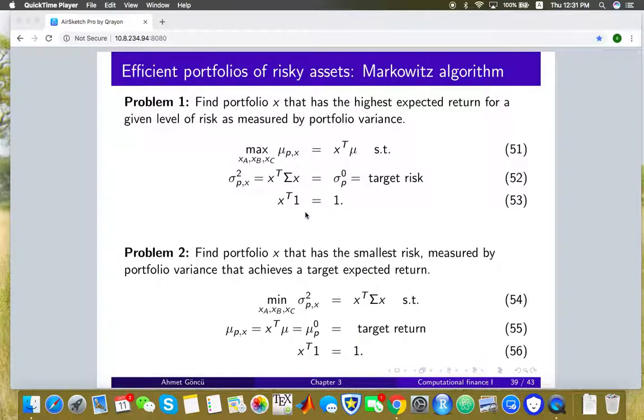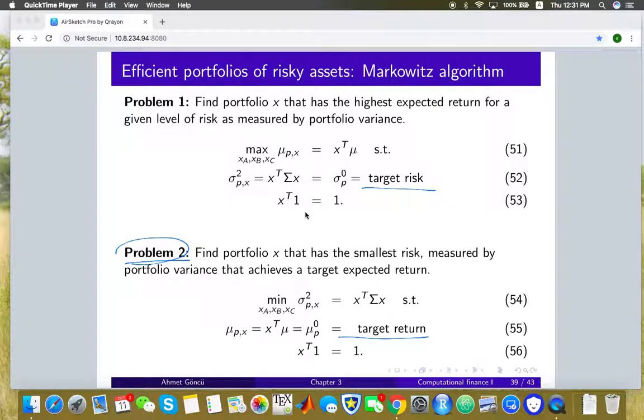Next, we will talk about the Markowitz algorithm. The difference from the previous setup is that now we will have a target return. So we will focus on this problem 2. Problem 1 and problem 2 are equivalent problems. In the first one, you maximize your expected return for a certain level of target risk.